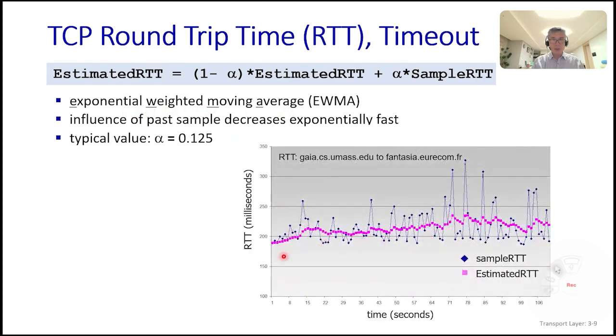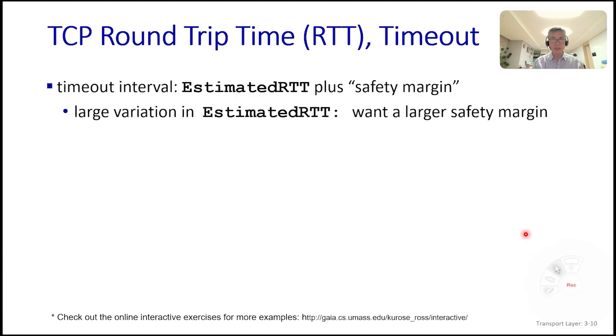This figure shows each sample RTT fluctuates a lot like this. However, estimated RTT, the moving average, is smoother than sample RTT. For the timeout interval, estimated RTT plus a safety margin is used. With large variation in estimated RTT, we want a larger safety margin.